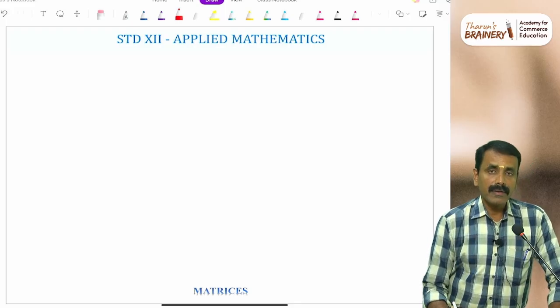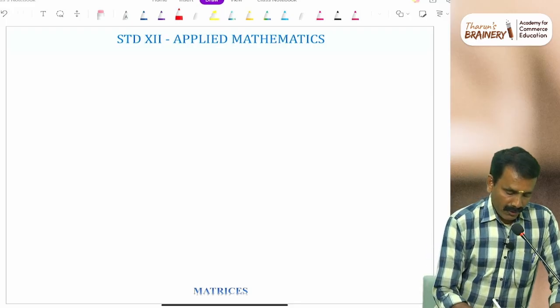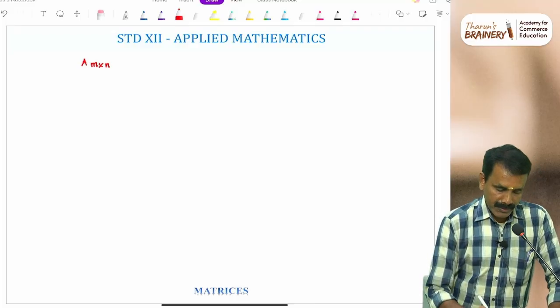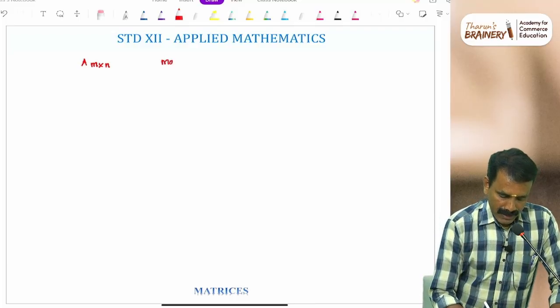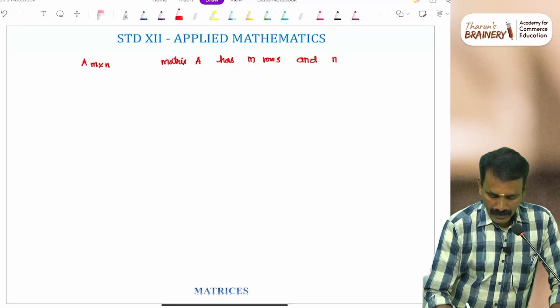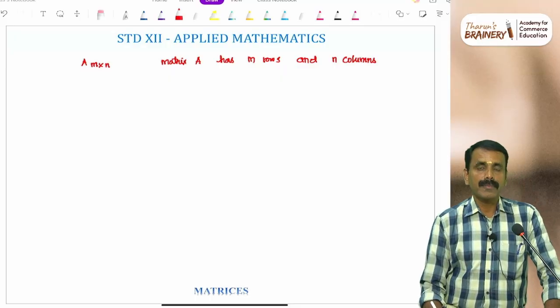In general, the order of a matrix is denoted by M by N, which means matrix A has M rows and N columns.